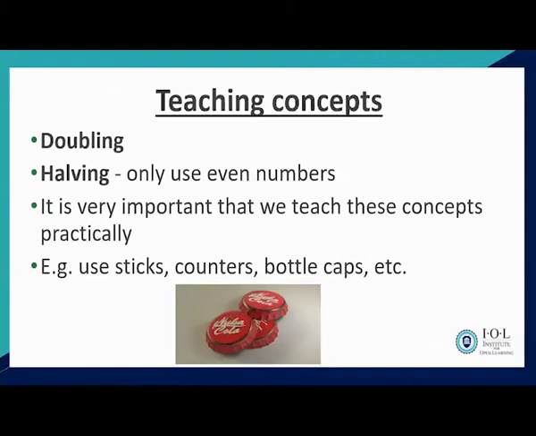So now the learner sees, when I halve, I divide my number of items by 2. So if I have 4, I divide it by 2, which will give me 2. So this is how I teach them how to halve.